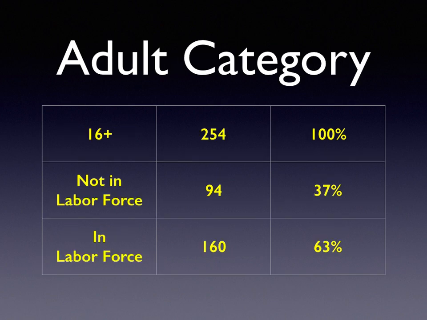We further divide that into two groups, what we call not in the labor force and in the labor force. Today, about 160 million are in the labor force, which leaves about 94 million that are not in the labor force. We're going to look at how these two categories are defined and analyzed.